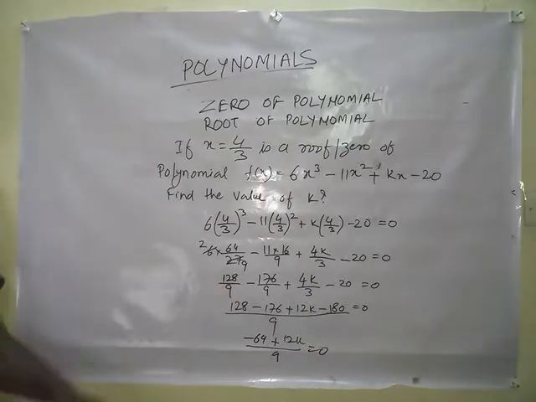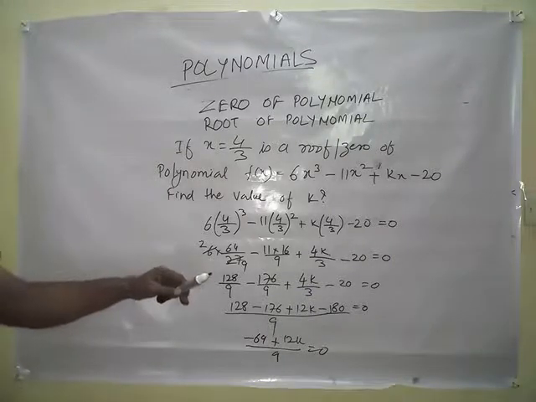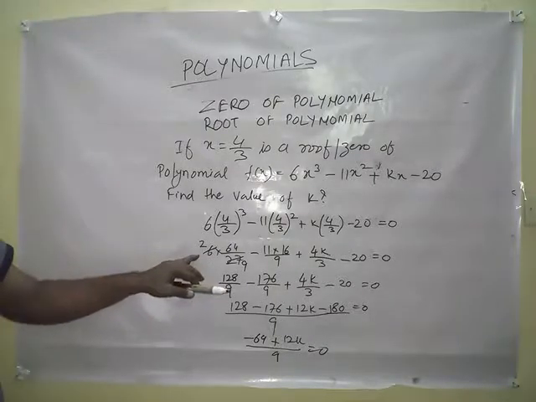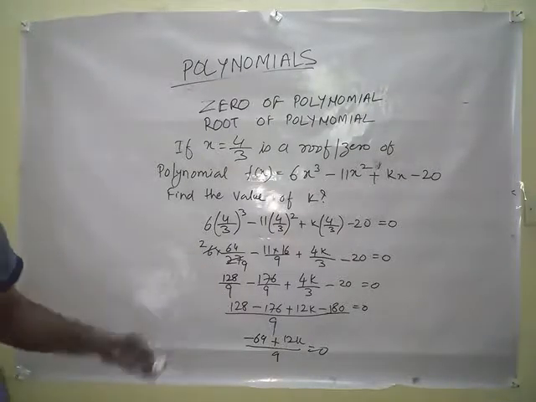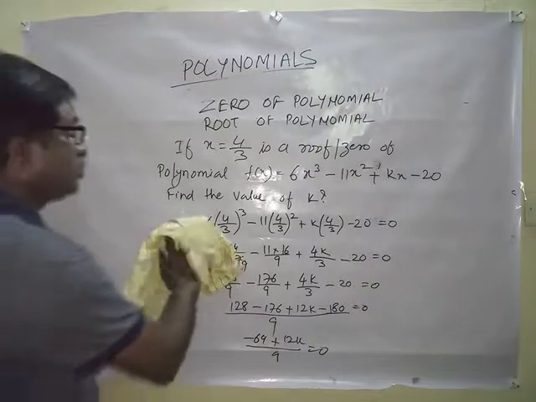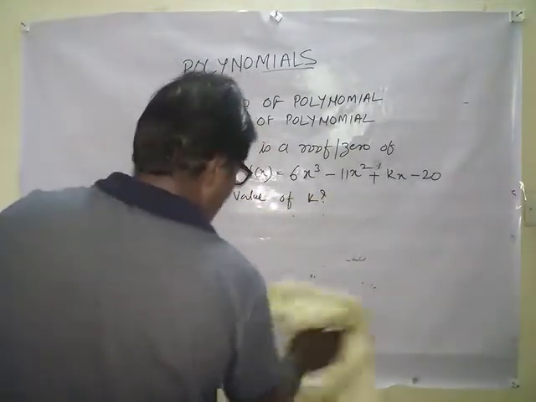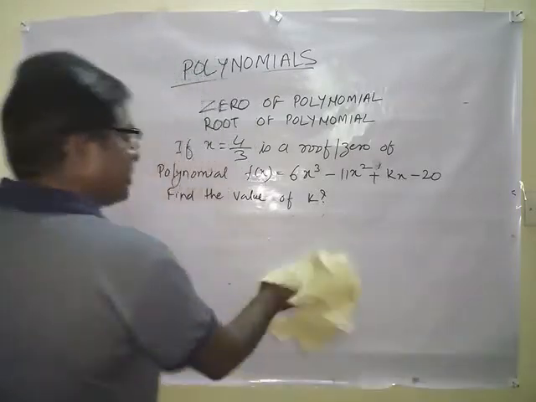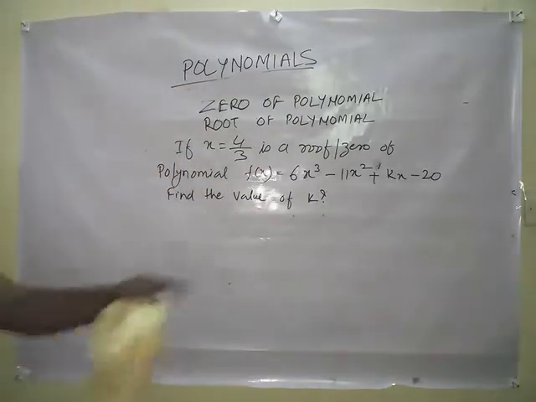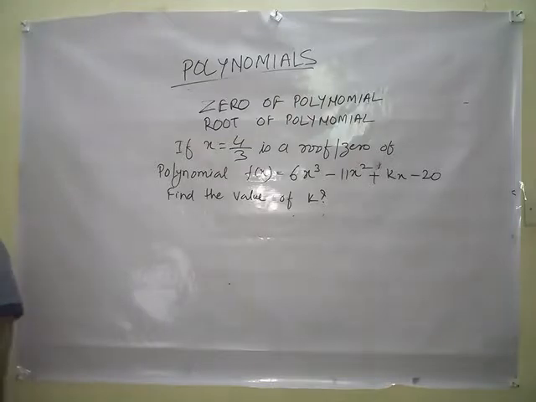I think I did something wrong somewhere, but let me solve it again. I don't want to confuse you people, but this is the way you have to solve it. You have to find out the value of k here.